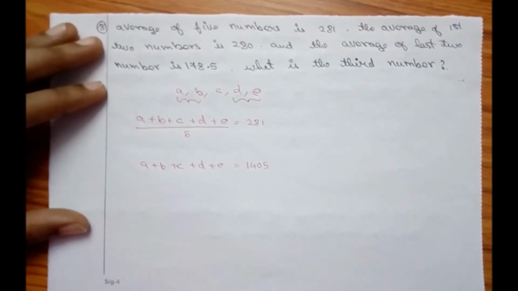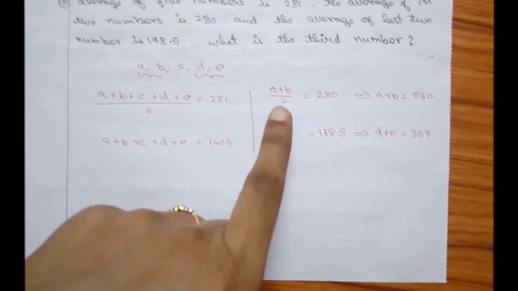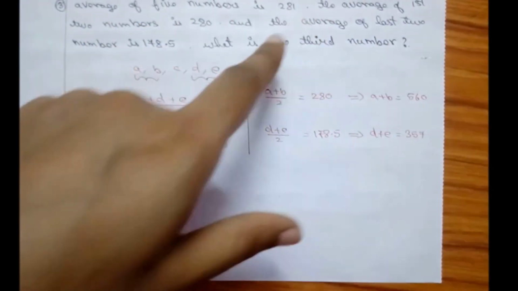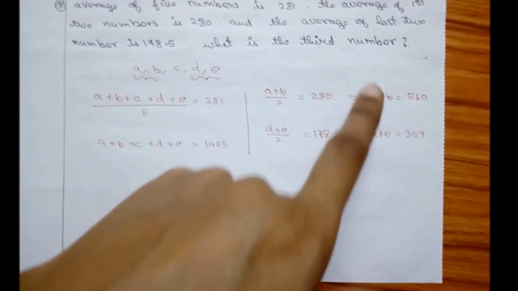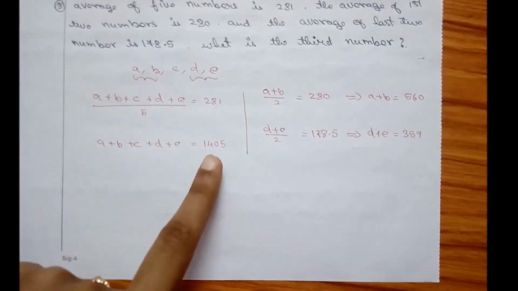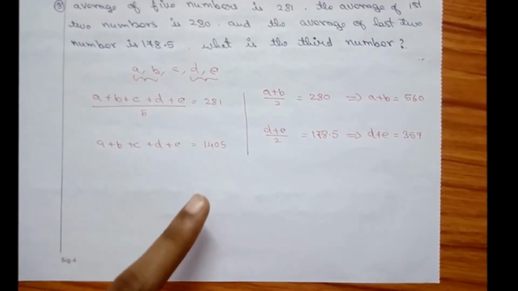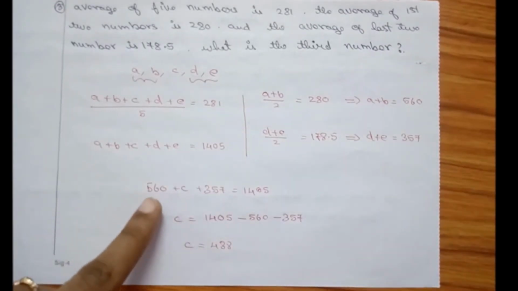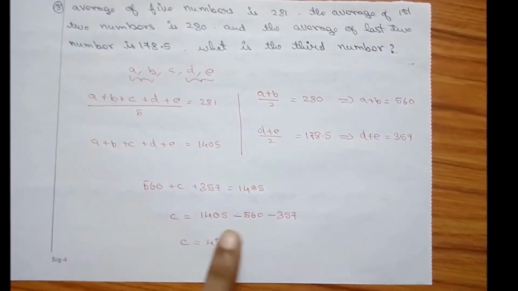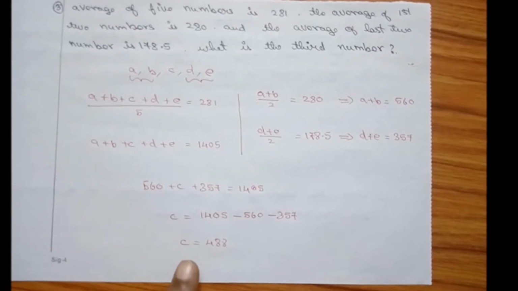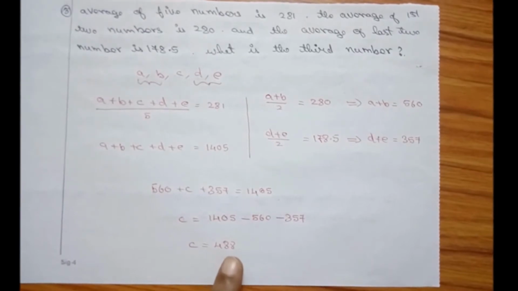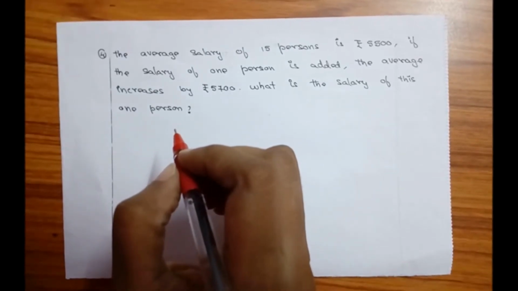So now I have got A plus B and D plus E from the second and third points. Now I have to find the third number by replacing A plus B and D plus E in this equation and subtracting them from 1405. I have written the values of A plus B and D plus E in this equation, subtracted them from 1405, and got the third number, which is C equal to 488. Now let's move on with the fourth problem.